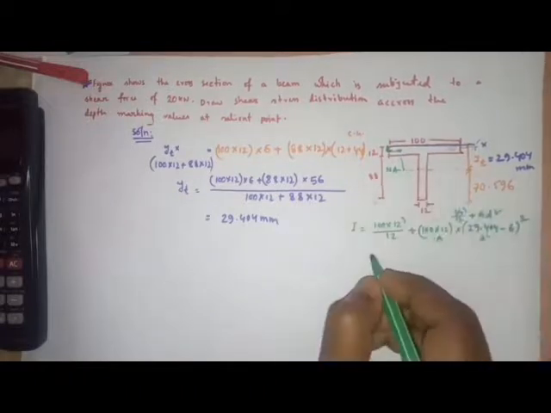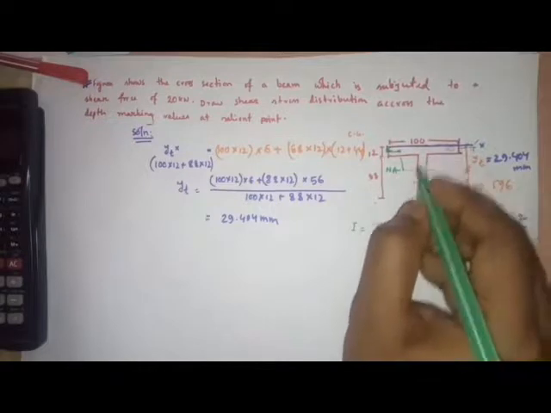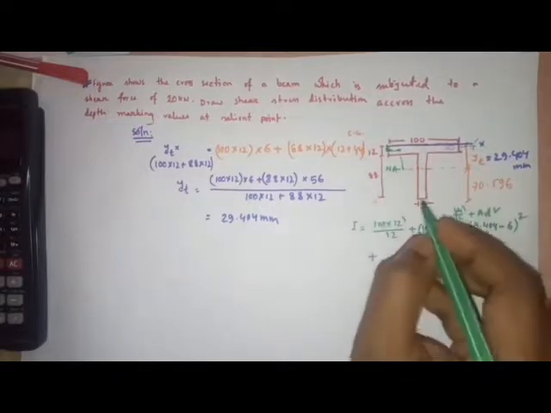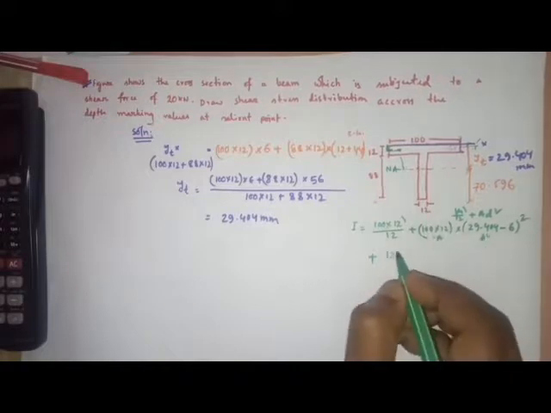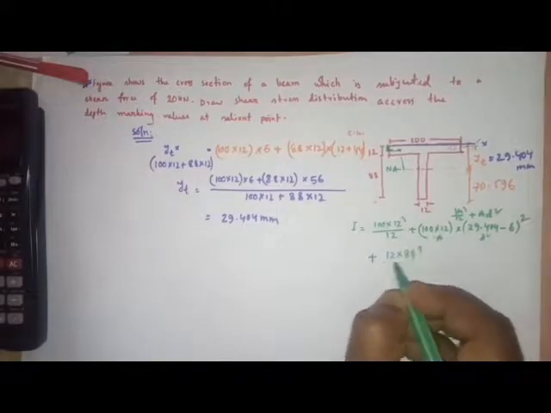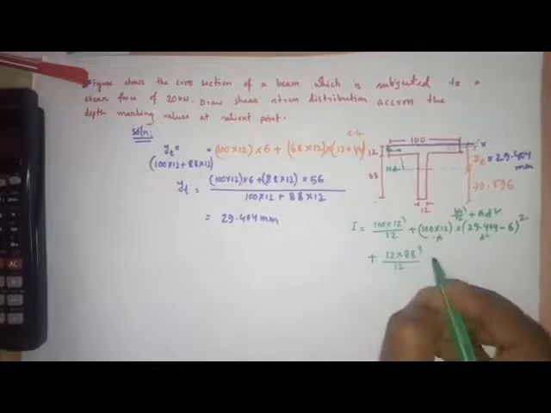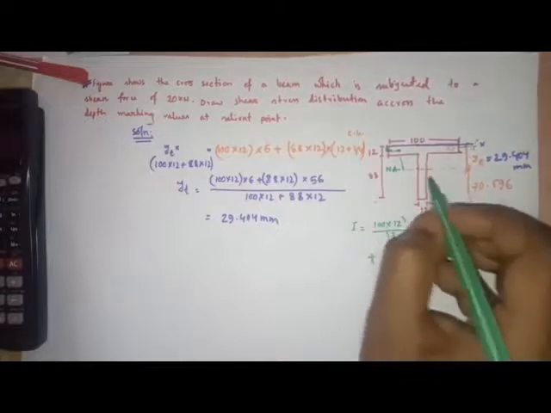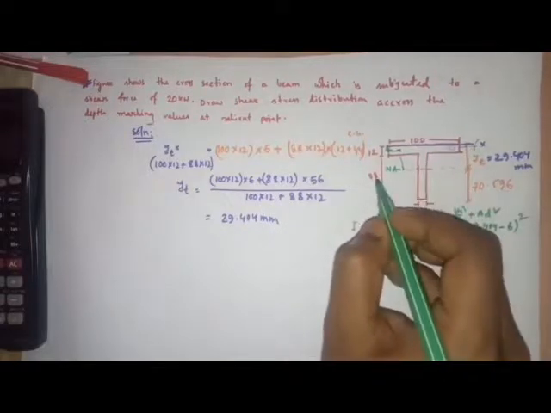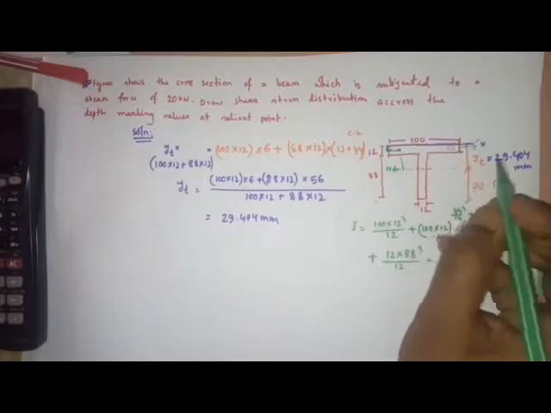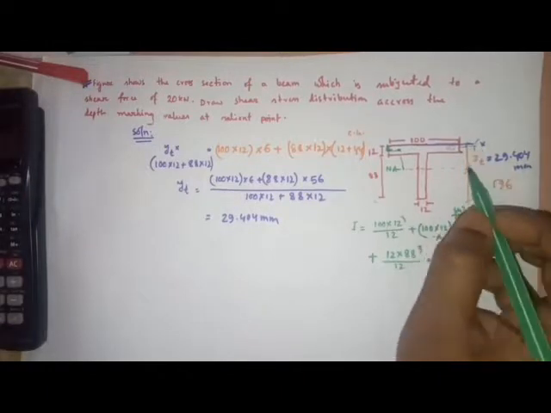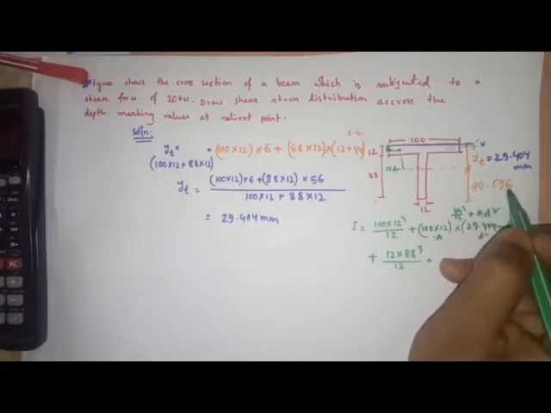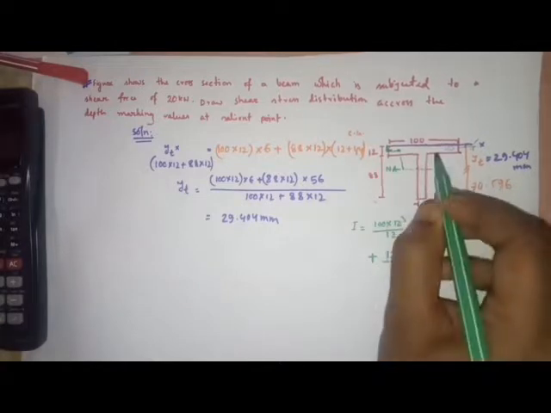So plus this is 88, and this is the B, so 12 into 88 cube by 12, plus here also A D square, because its centroid is 44 and the neutral axis is 29.404 from x. So here it is 70.596 from the top.